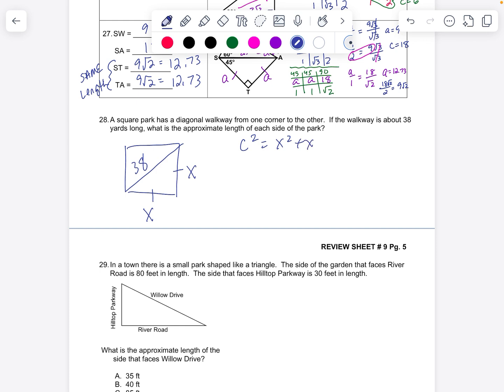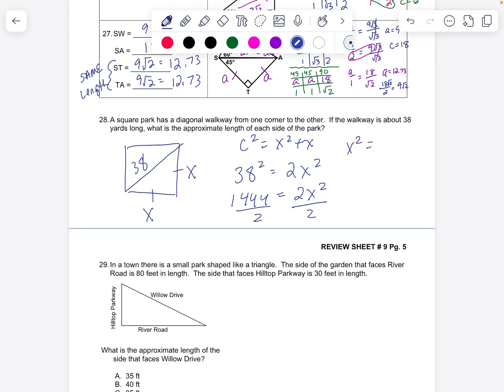C squared equals x squared plus x squared. So that's going to give you 38 squared equals 2x squared. Okay, 38 squared is 1,444. And that's going to equal 2x squared. To get x by itself, divide out your 2.